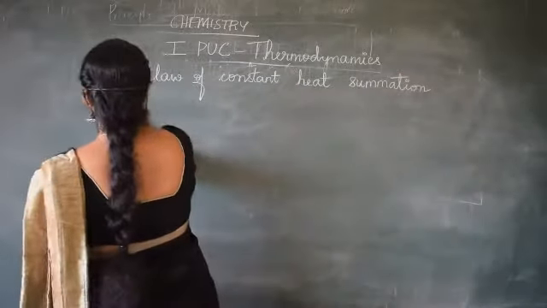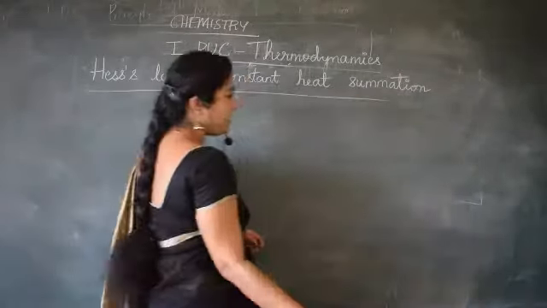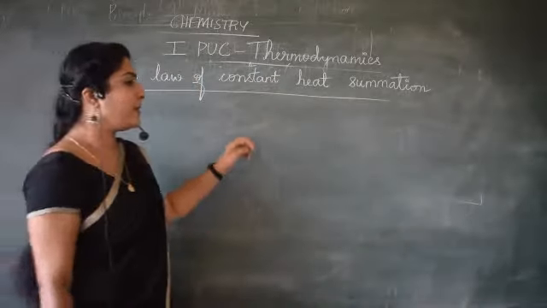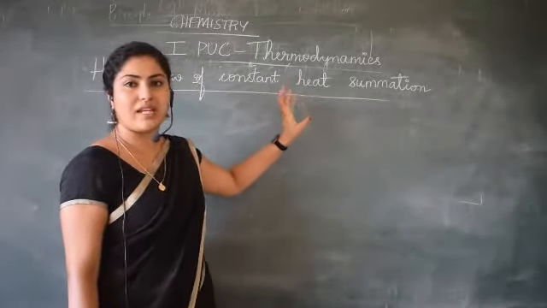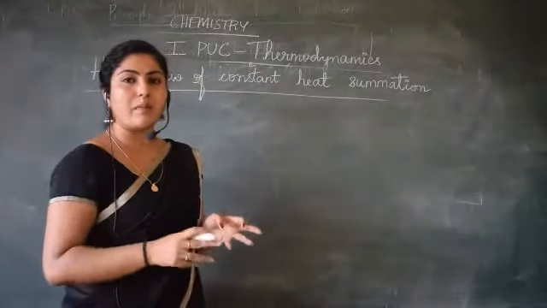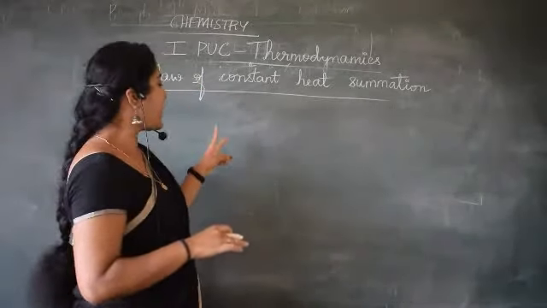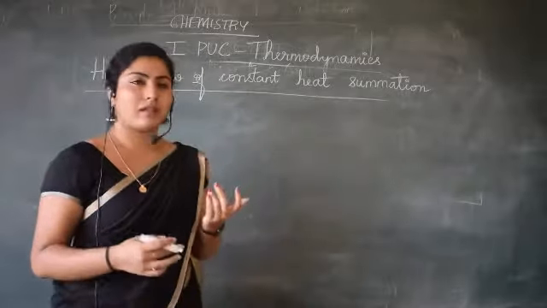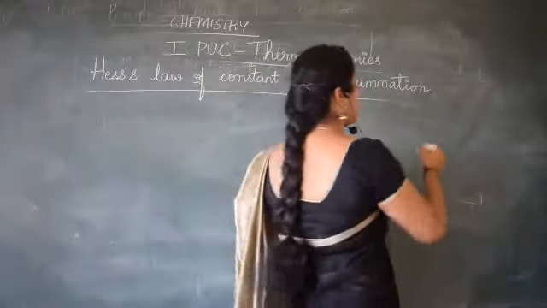The name itself tells you constant heat summation. That means here constant heat means something heat is constant there. Summation means total. So it is a constant heat summation rule or law.